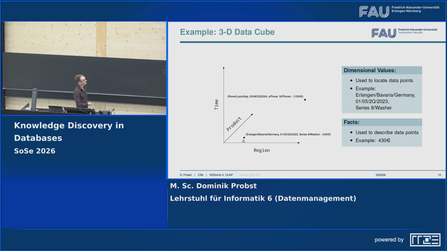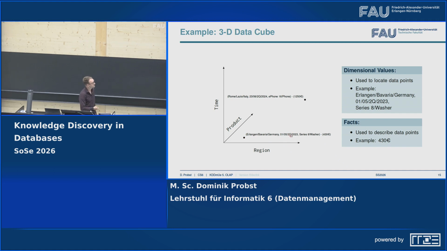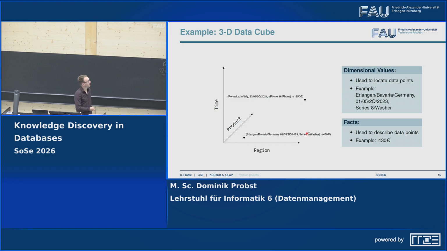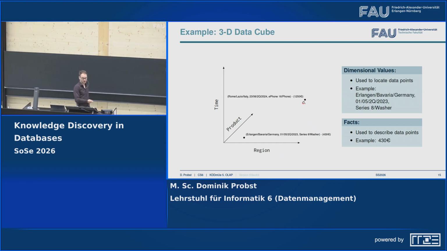So a sale that occurred in Erlangen on the 1st of May 2023, and it was a washing machine, a Series 8 washer, might be located here. And a sale that occurred in Rome on the 6th of June 2024 with an iPhone might be located here. Those are simple single sales.